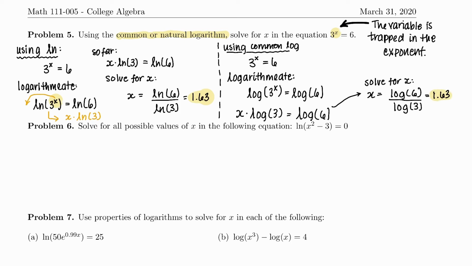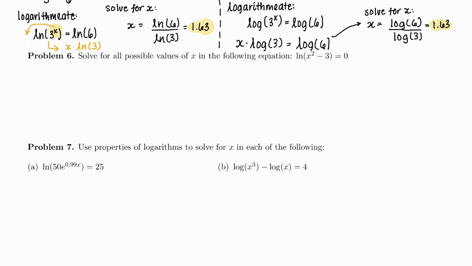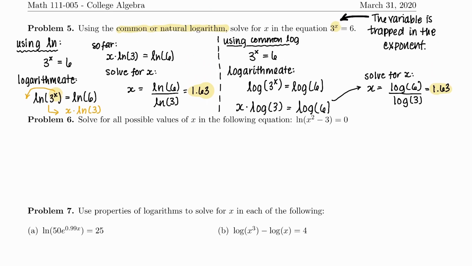Okay, so this is 2 different ways to do the problem, but they really aren't all that different, right? It doesn't actually matter what base of logarithm that I use. I can still solve this equation by logarithmiating. But because we're in college algebra, I think what we want to do for these problems is use something that we can easily put into the calculator.